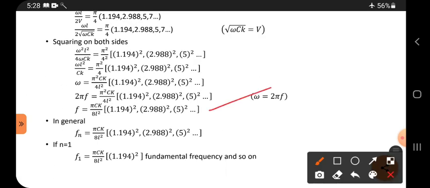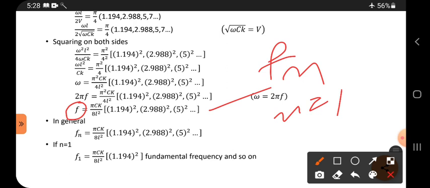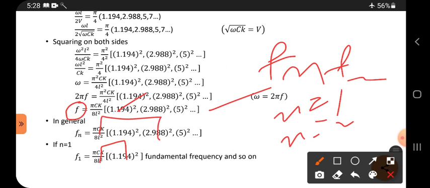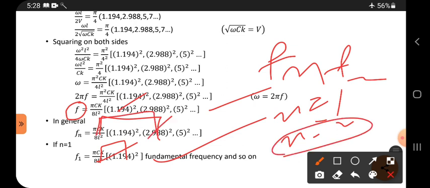In the general formula, for f I am writing simply fn. If n is equal to 1, take the first factor into this one; that is the first vibrational frequency, called the fundamental frequency. If n is equal to 2, it gives the f2 value, meaning the second thing we have to take.